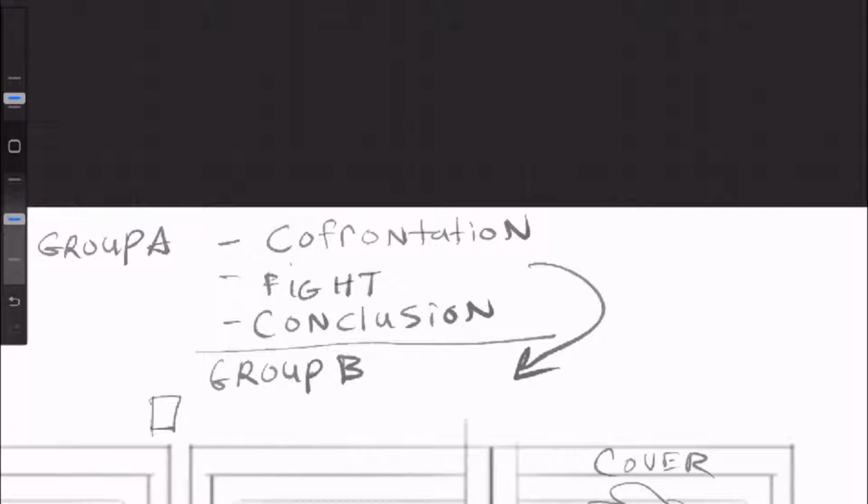So for my confrontation and into the fight, since they're already raring to go and already established some form of confrontation in the last part, they don't need to introduce each other and all that. They're going to go from this to this very quickly. I'd say a page, it doesn't need to be much more than a page there. Then we go into the fight.